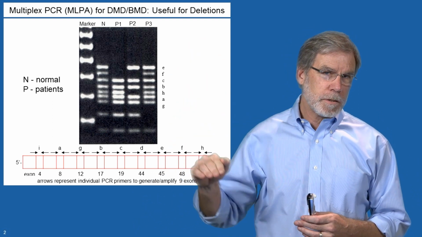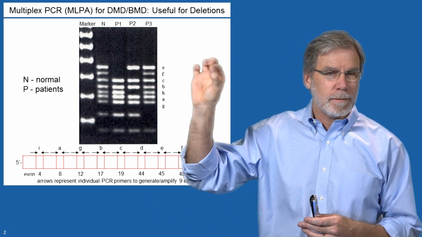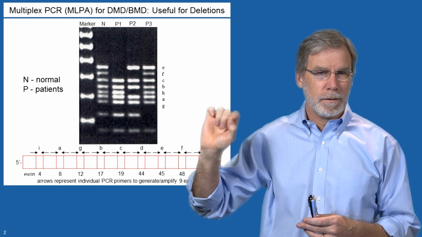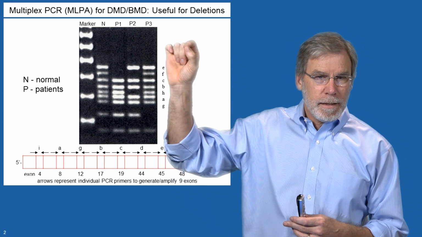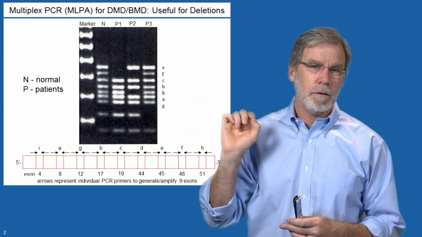They're running on the same gel because they're different sizes. Each size tells me exactly which exon is being looked at. So in this example, E is equal to exon 45. D is equal to exon 44.